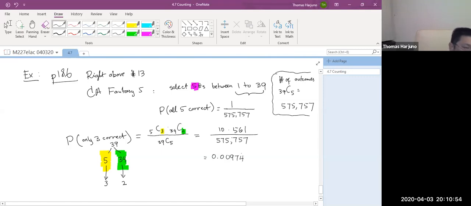If I make it 1 over, this is 1 over 102.6 something. It means approximately out of 102 people, or 103 people to be more precise if I do rounding, among 103 people playing this game randomly, only 1 of them is expected to get exactly 3 correct.